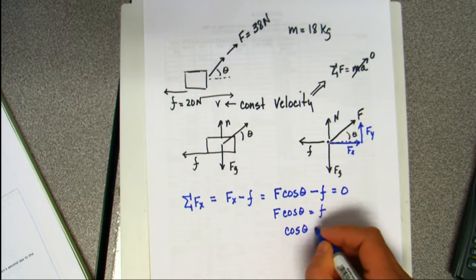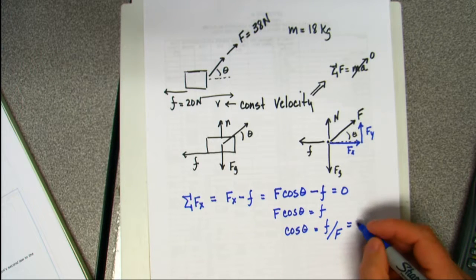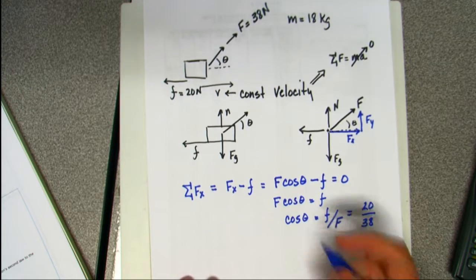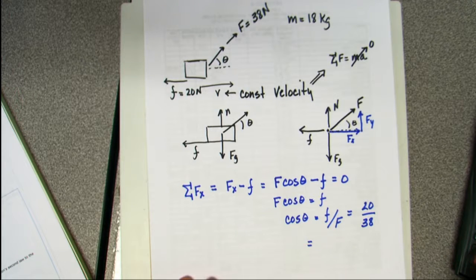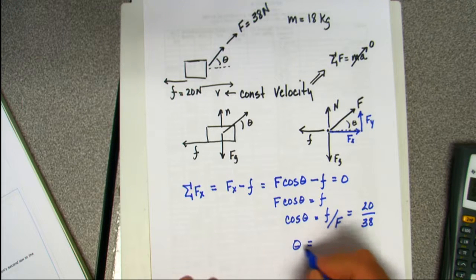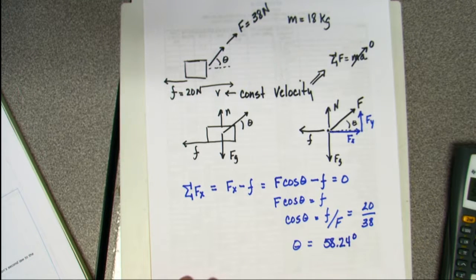Cosine of the angle is equal to the force due to friction divided by the force. I'm given that the force due to friction was 20 newtons. I'm given the force that I applied is 38 newtons. 20 divided by 38, take the inverse cosine. My angle equals 58.24 degrees.